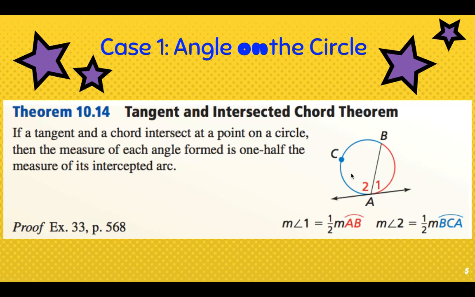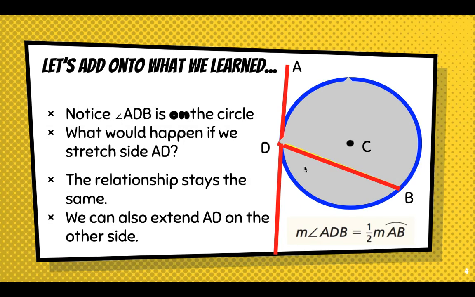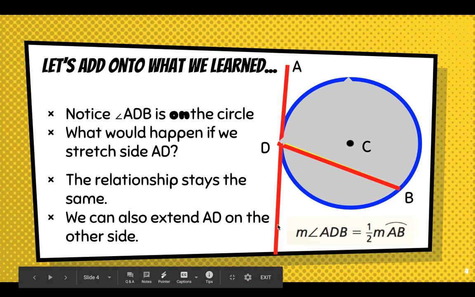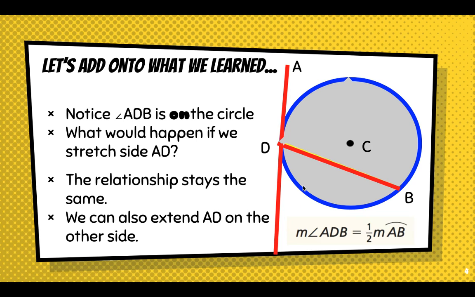The same thing is true over here. This smaller angle, there's no letter over here, has a measure that is also 1/2 of the measure of this arc. So the relationship is a 1/2 relationship, or a 2-to-1 relationship, however you want to look at it.